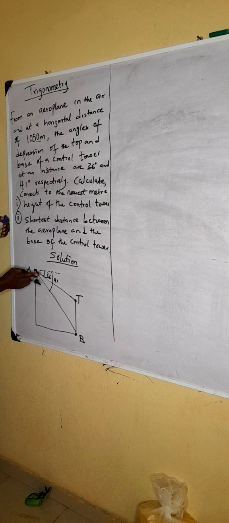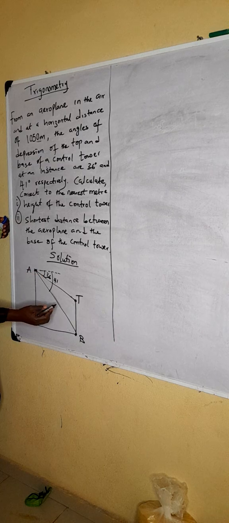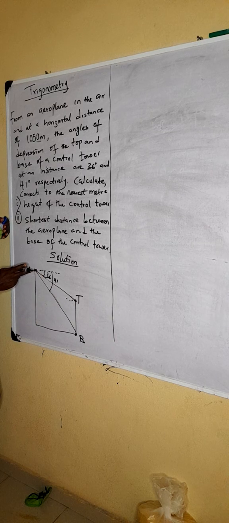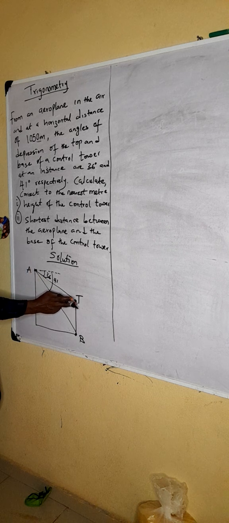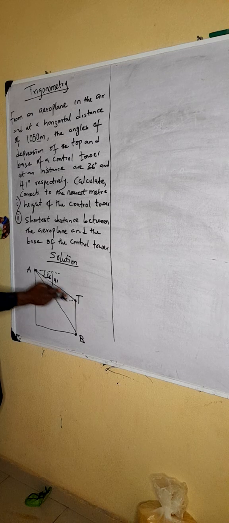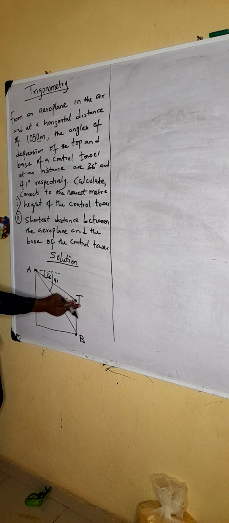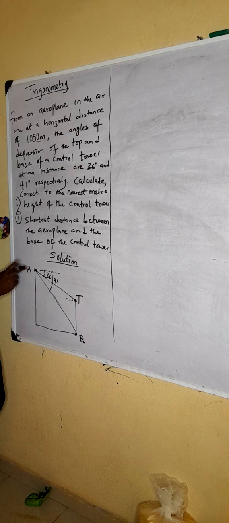So the angle of depression from the aeroplane to the top of the control tower is the same as the angle of elevation of the aeroplane from the top of the control tower.